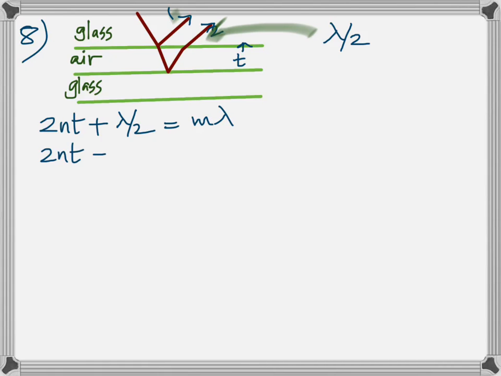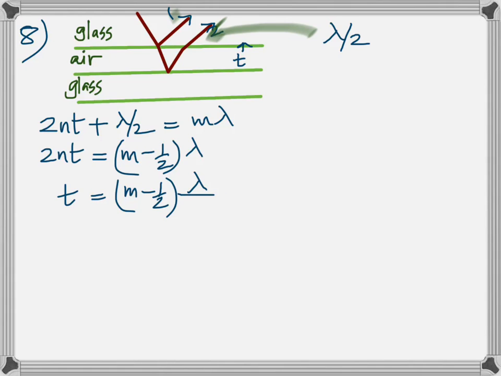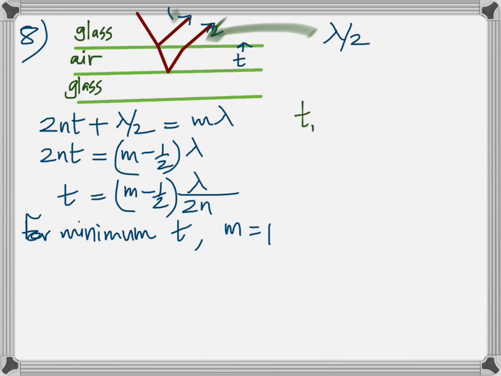Condition for brightness, because it says when will it appear to be bright. Rearrange and find the thickness. See, each case is different. Remember that in this particular case, it's the second ray that has a jump of lambda by 2, and it already has an additional path of 2nt.